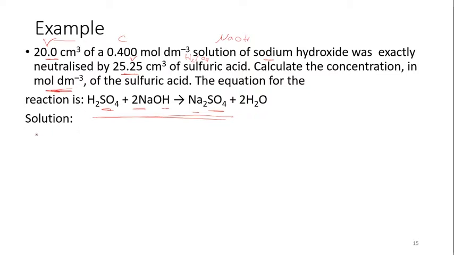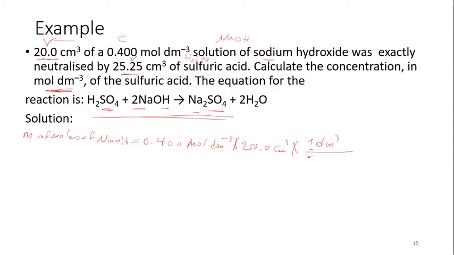First, I need to know the number of moles of NaOH that reacted, that is used in this reaction. To be able to know that, I have to multiply the volume by the concentration. So I multiply 0.04 by the 20, and I have to remember that I need to convert the cubic centimeter into cubic decimeter.